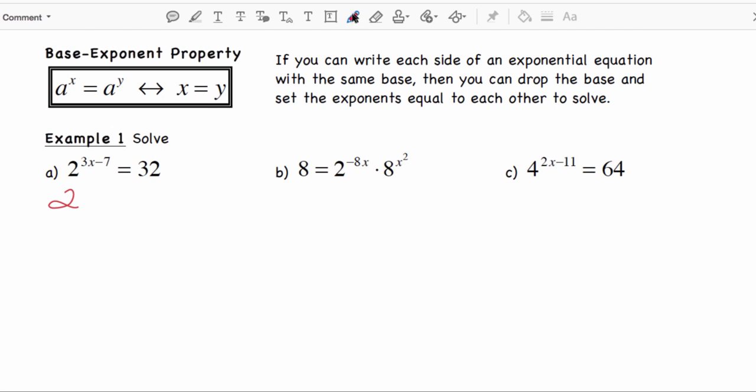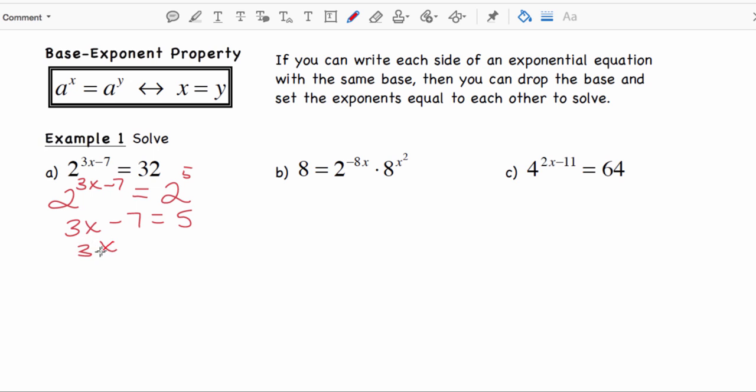So I have the left side already as a power of 2, and on the right side I'm going to change 32 to 2 to the 5th. So now both sides of my equation are written with the same base of 2, and now I can drop the base and lose it completely and bring those exponents down into an equation and just solve them as a regular equation.